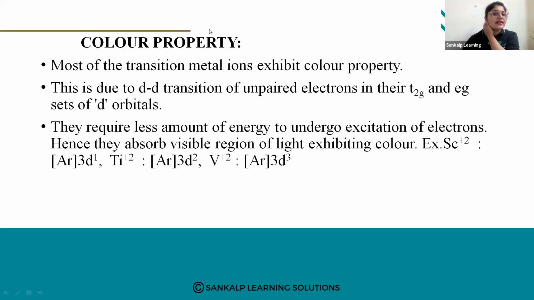The next property is the color property. Most of the transition elements, as we have discussed, exhibit the color property. Why? It is due to d-d transitions of unpaired electrons in their t2g and eg sets of 3d orbitals.